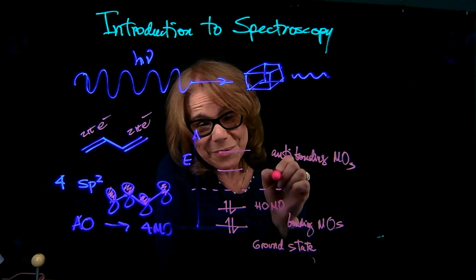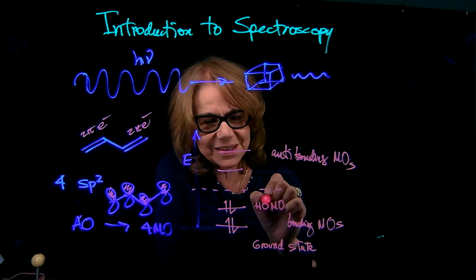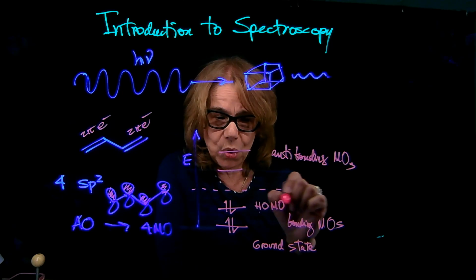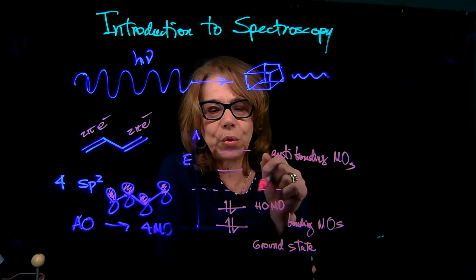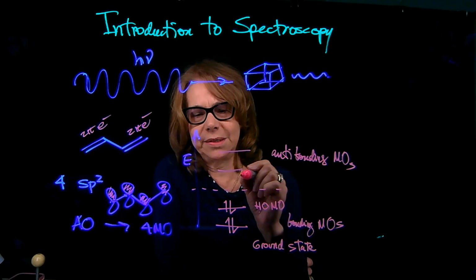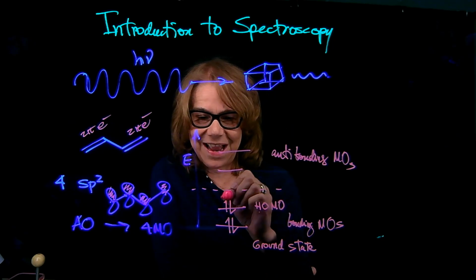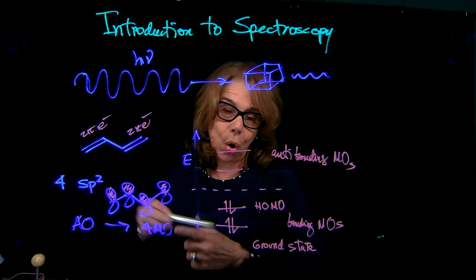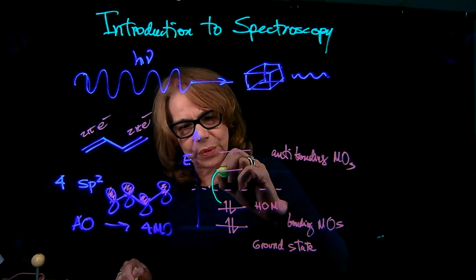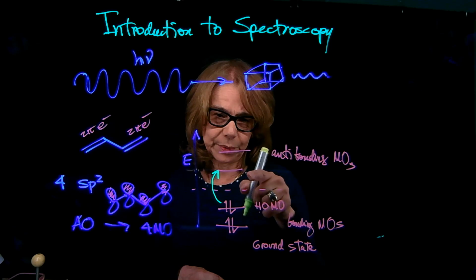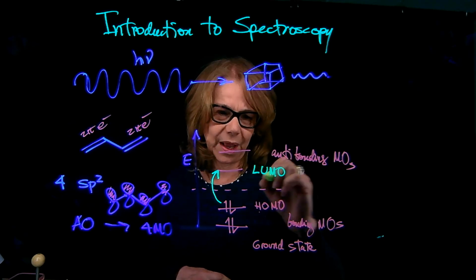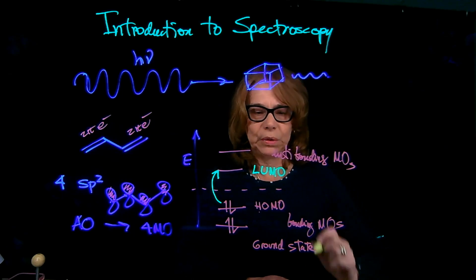So this is the highest occupied molecular orbital, HOMO. When the light strikes the sample, we're going to have one of those electrons in the HOMO jumping into an empty orbital. And the next one is called the LUMO, the lowest unoccupied molecular orbital.